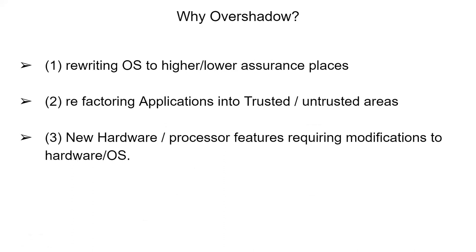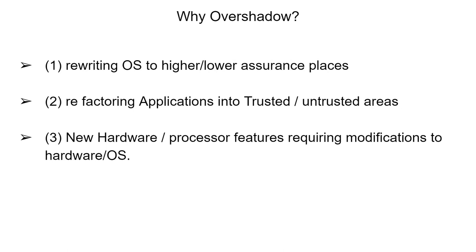So why use Overshadow? There are three methods that are used to approach these problems of privacy and integrity. One, by rewriting the OS into higher and lower assurance places. Two, by refactoring applications into trusted and untrusted areas.